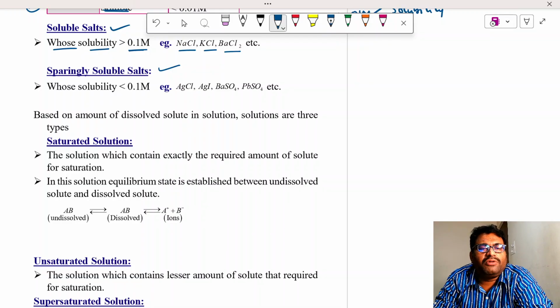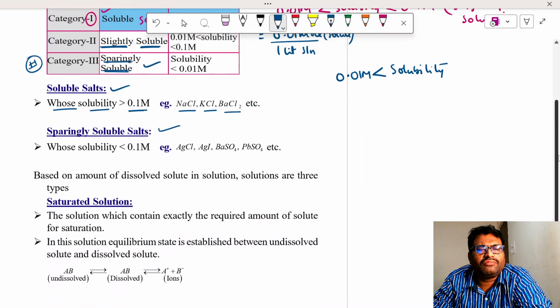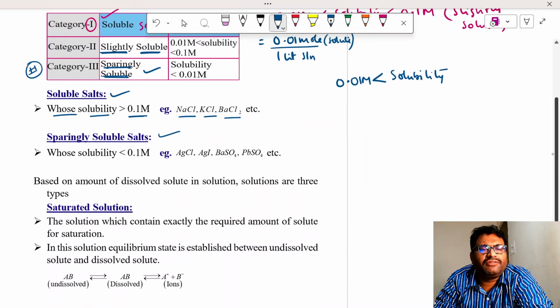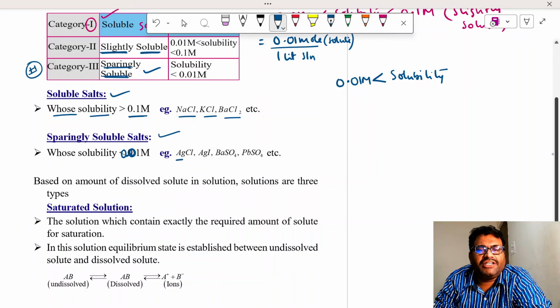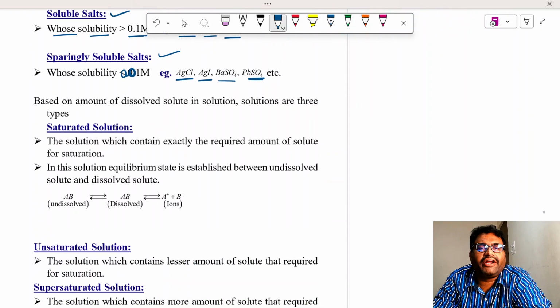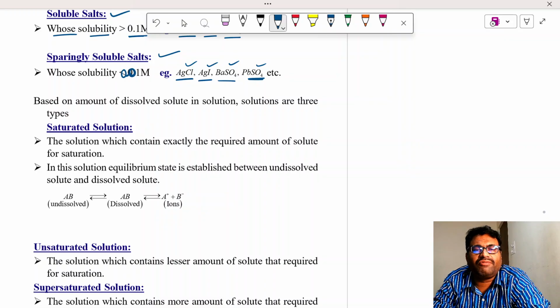Those whose solubility is less than 0.01, like AgCl, AgI, BaSO4, PbSO4. What are all those? Silver chloride, silver iodide, barium sulfate, lead sulfate. All these are sparingly soluble salts.